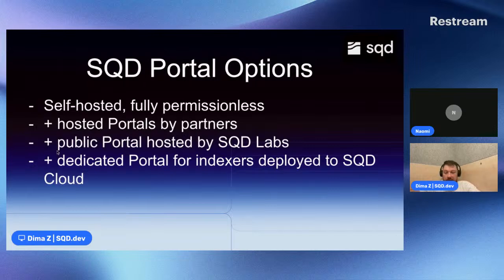There will be a public, no strings attached, easy to use portal hosted by SQD Labs, and also all the indexers deployed to SQD Cloud will enjoy a dedicated portal and access to the SQD network. So basically, everything will be seamlessly migrated from the current centralized setup to this fully decentralized SQD network, and of course, at no charge. And basically, all the clients will get simply more reliable and faster access to the data that they already have.